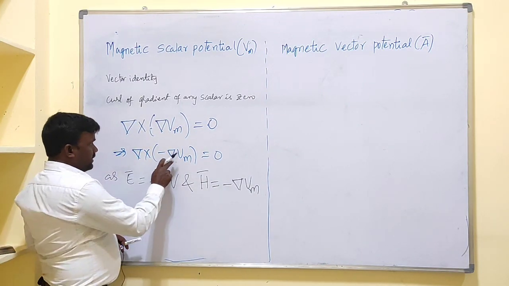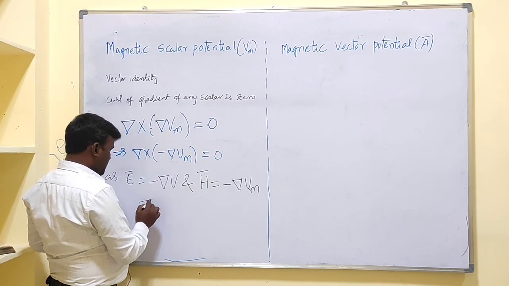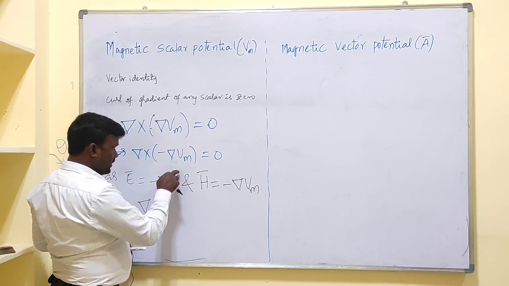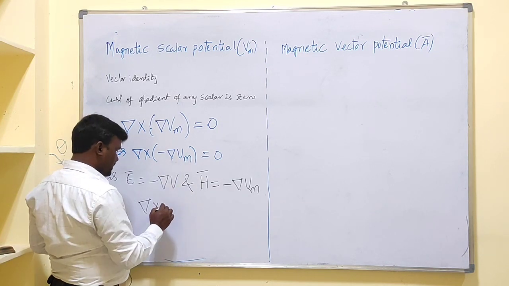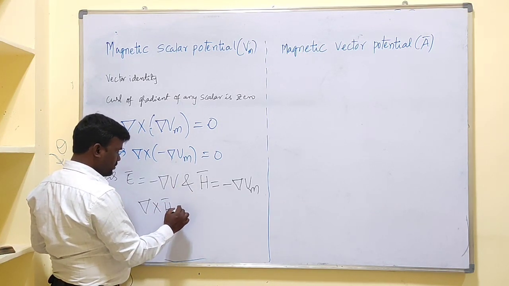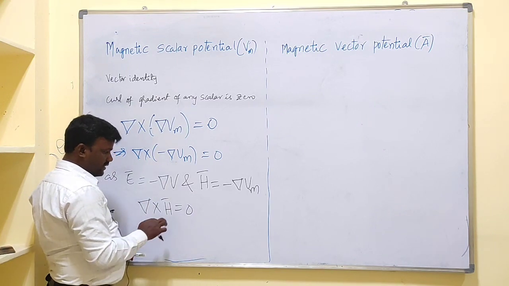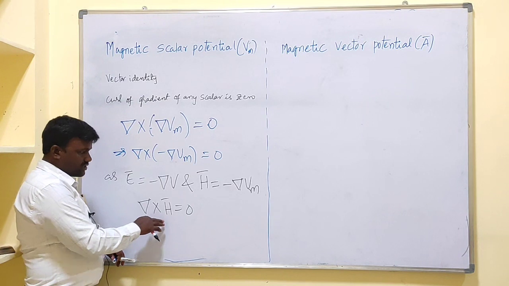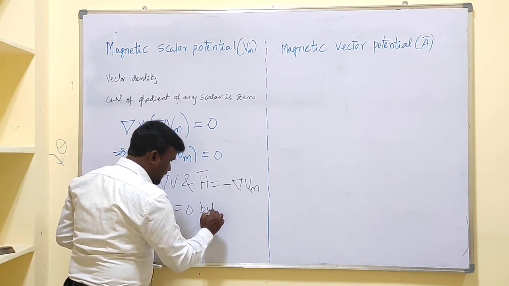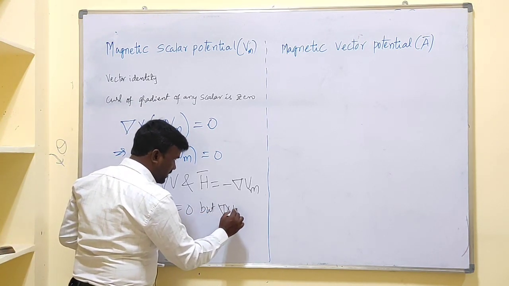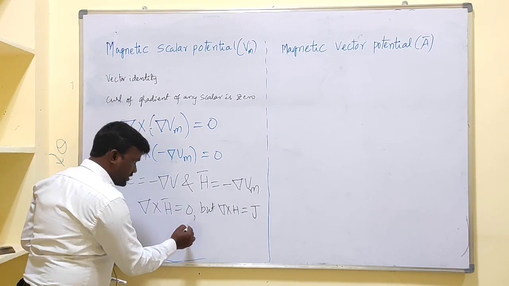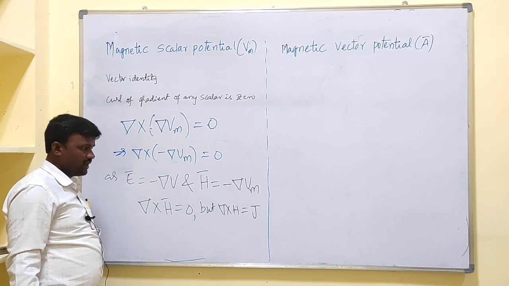So I can replace minus del Vm with H: del cross H equal to 0. But del cross H is J from Ampere circuit law.